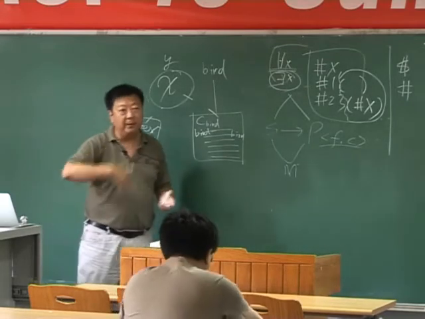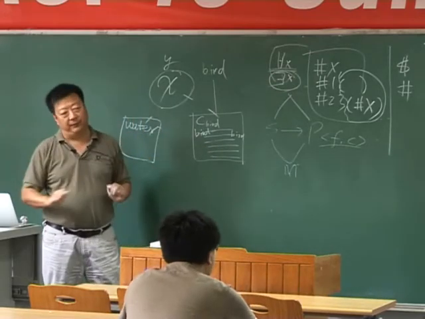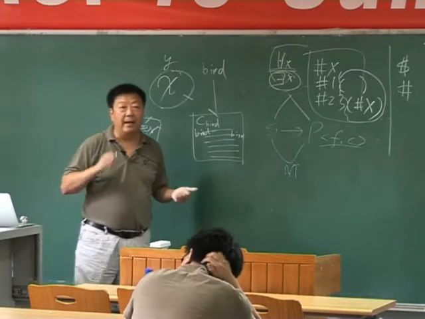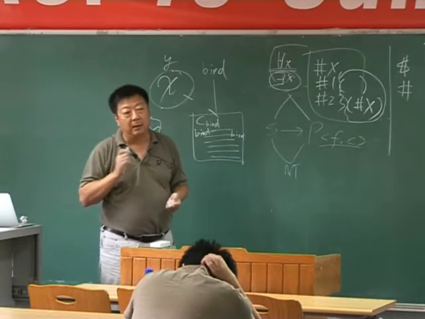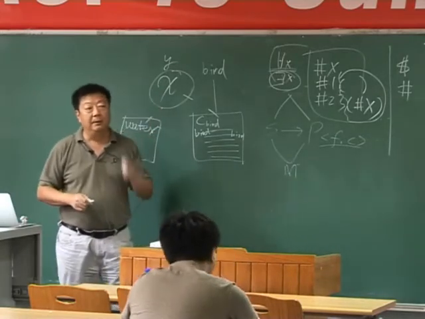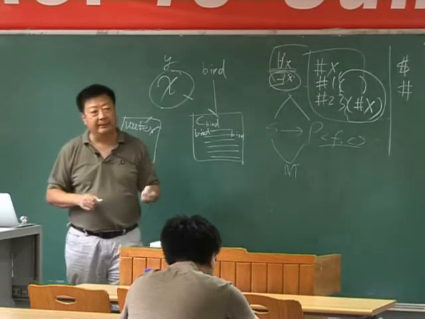Because from the very beginning, there are people who say that, yeah, you're mixing different things. It is. What I'm saying is I have a reason to do that. But at the same time, I know from the very beginning you cannot always do that. In many situations, you have to clearly separate the extension and the intention.